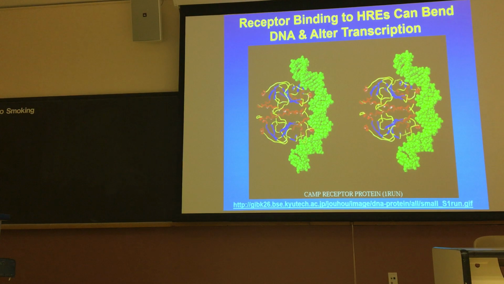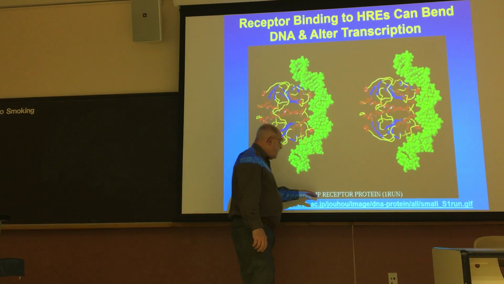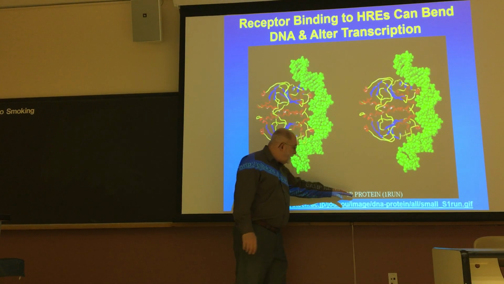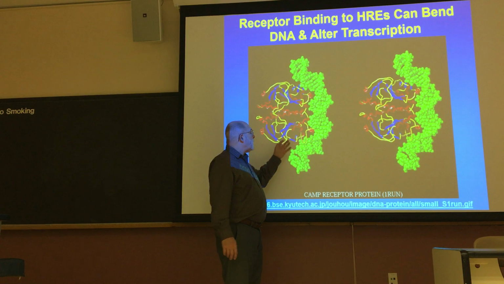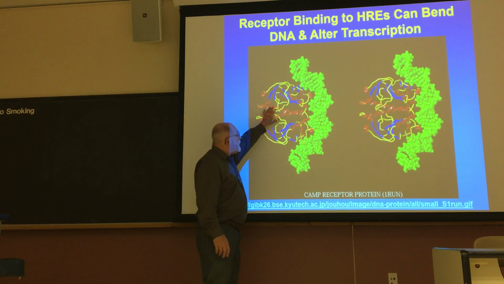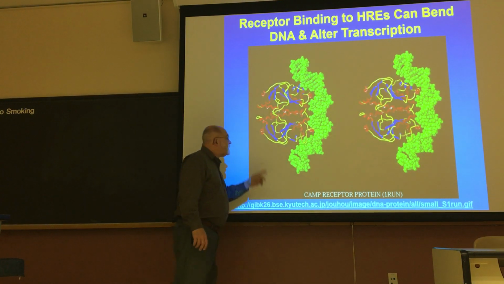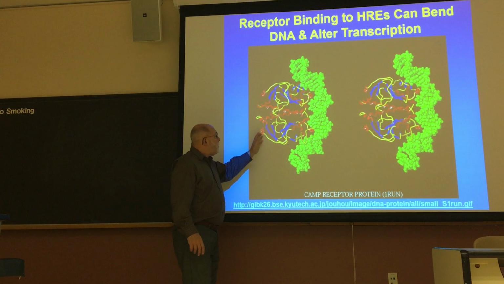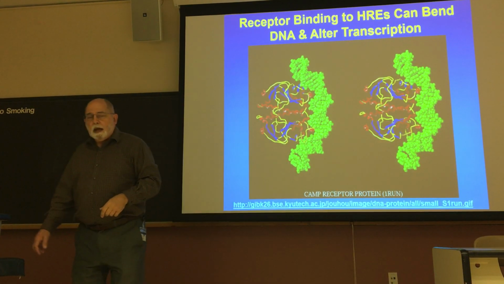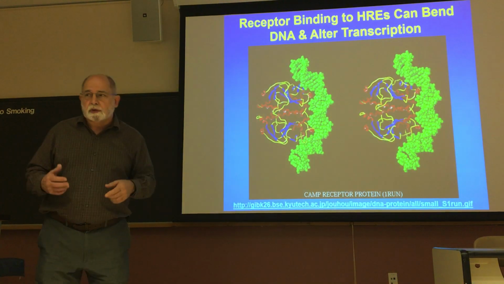Here's another picture showing you cyclic AMP receptor binding protein, or CREB. Remember, that only works when it's phosphorylated. And here are two molecules of the CREB binding to DNA. And the one thing to note here is that when they bind, they bend the DNA. And that bending of DNA tends to make it more open to transcription.